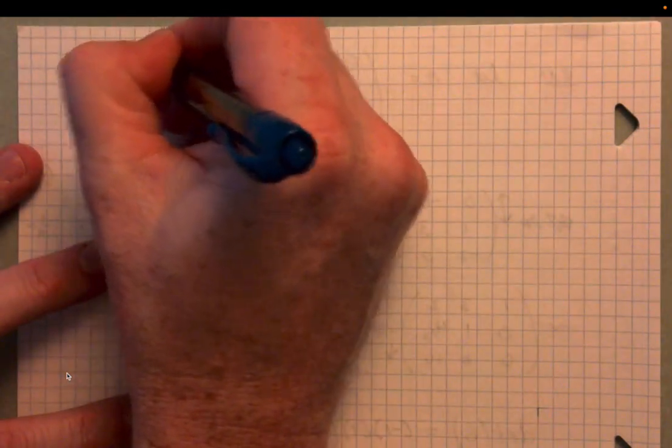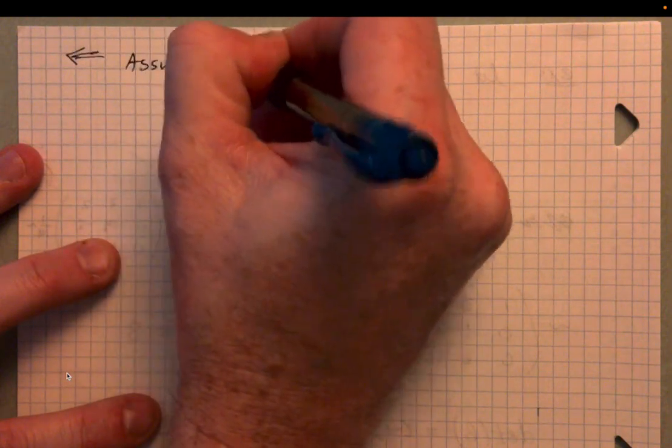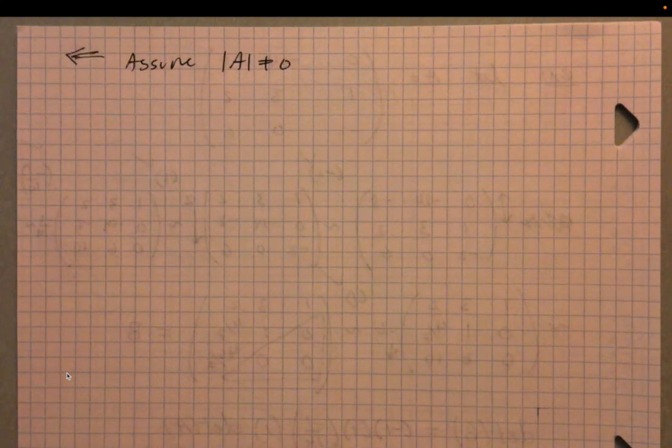What about the other direction? Okay, so an if and only if statement. Let's go the other way. Let's assume that the determinant of A is non-zero, and we'll show that that implies that A is non-singular.